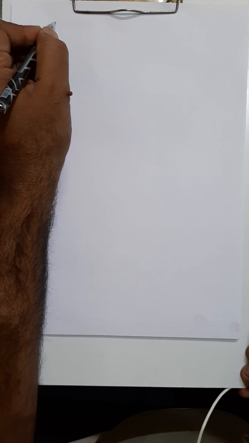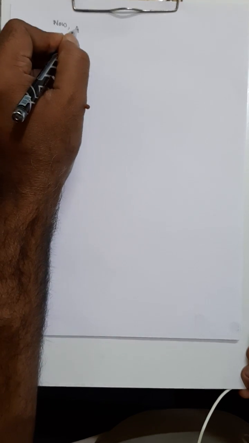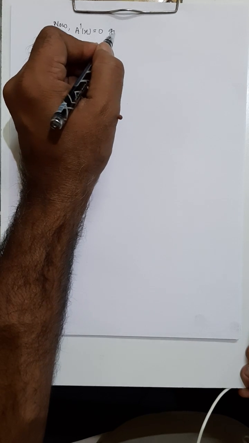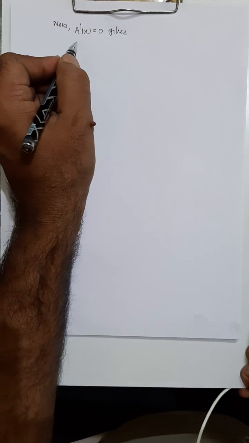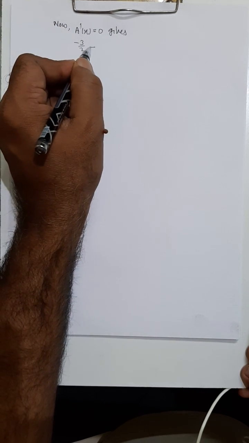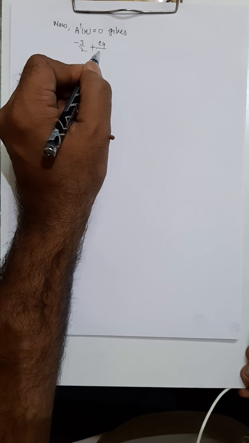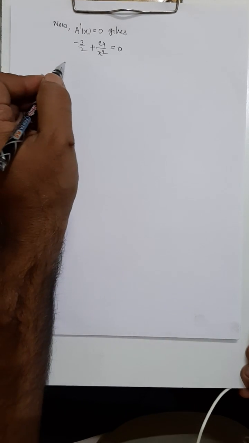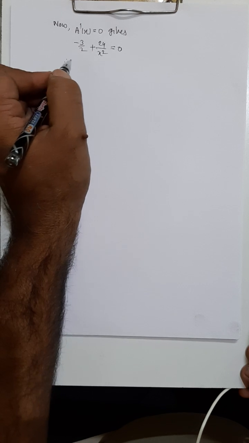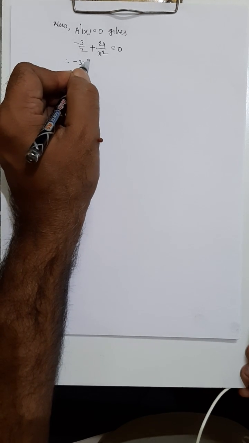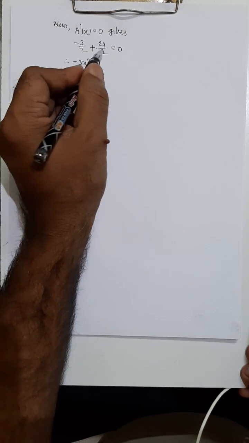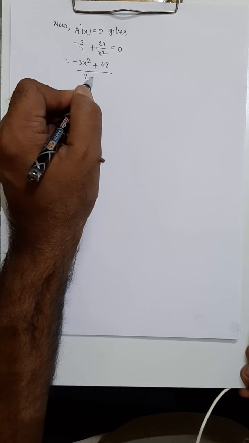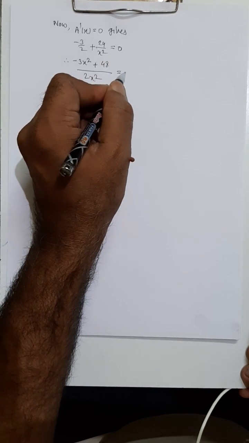Next step, we solve the equation A dash x equal to 0, which gives that the right side is minus 3 by 2 plus 24 divided by x square is equal to 0. We solve this, cross multiplication, minus 3x square plus 24 into 2, 48, divided by 2x square is equal to 0.